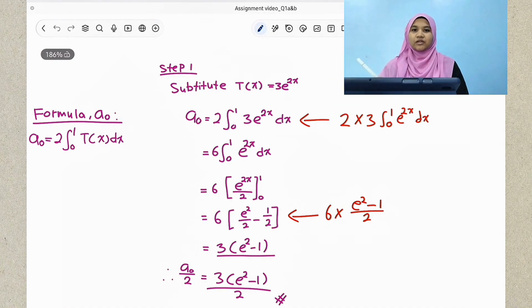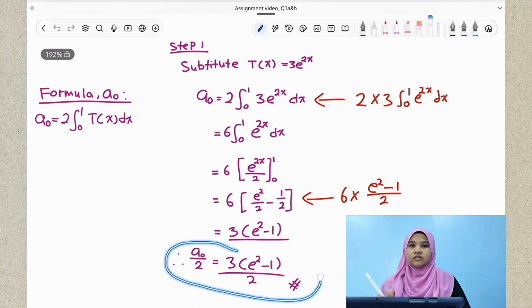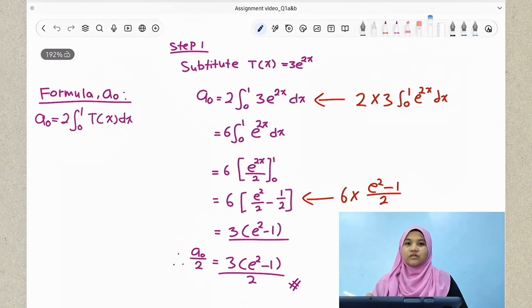So A naught equal to 3 times e squared minus 1. Remember, in the cosine series, we need A naught over 2, so we divide by 2, giving us 3 times e squared minus 1 over 2. This is our constant term. It represents the average temperature along the rod.